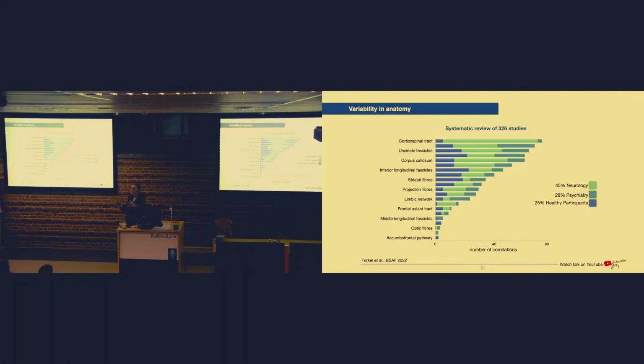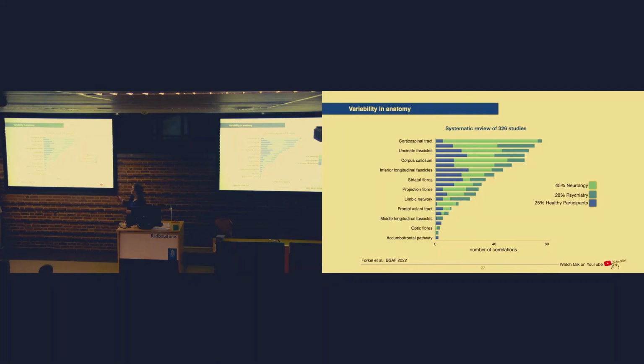Another difference is that the corticospinal tract is quite a big, large, prominent connection, which you can easily visualize with low resolution data as well. Some of these connections, you actually need high resolution data to see them nicely.